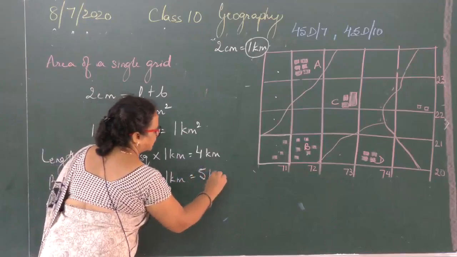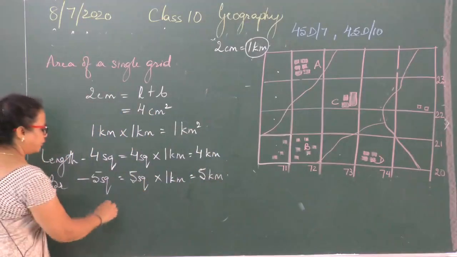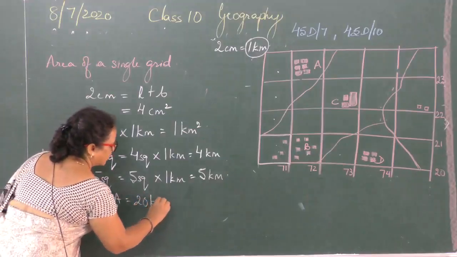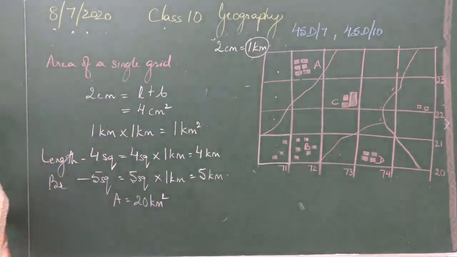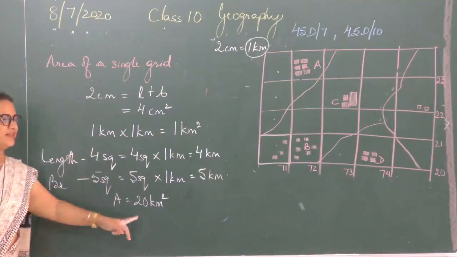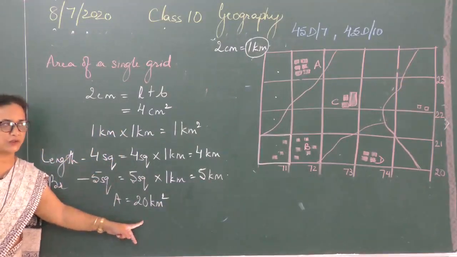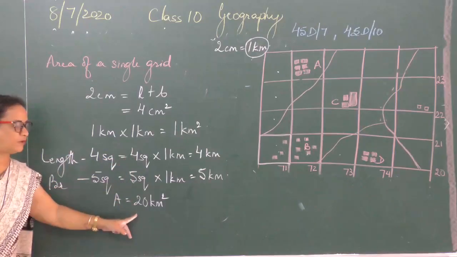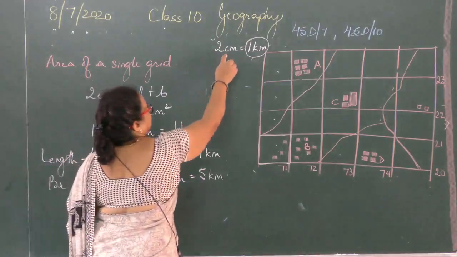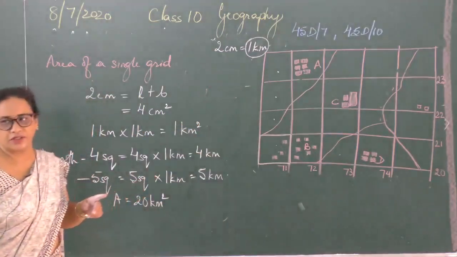So the breadth is 5, and therefore area will be 4 into 5, that is 20 square kilometers. Clear? This is easy, but please don't just write the answer with mental calculation. Please show the format, how you have obtained it, showing the scale which you are using for your calculations.